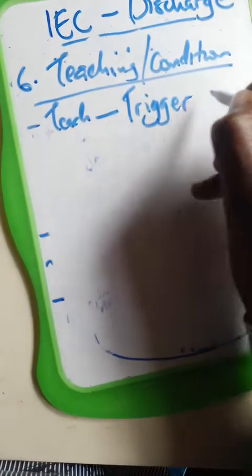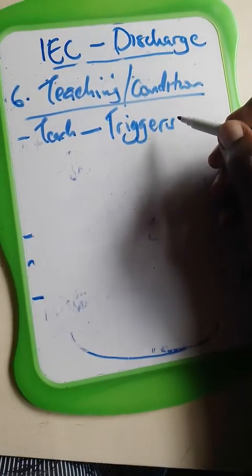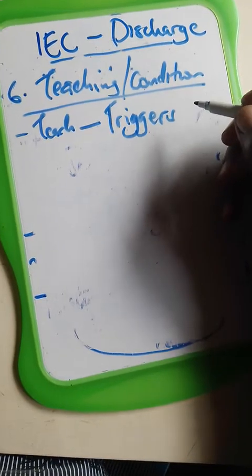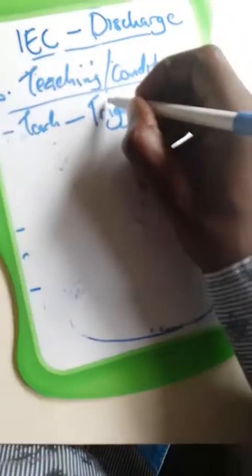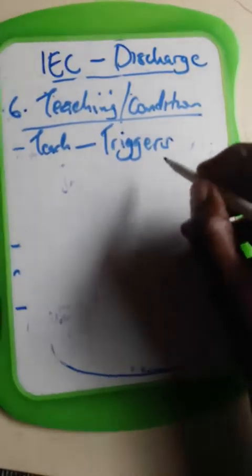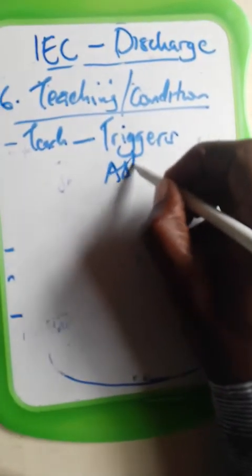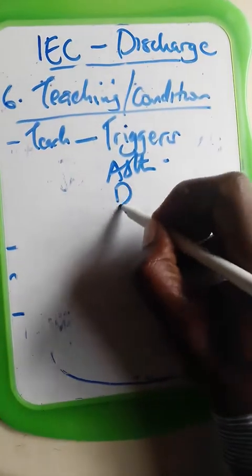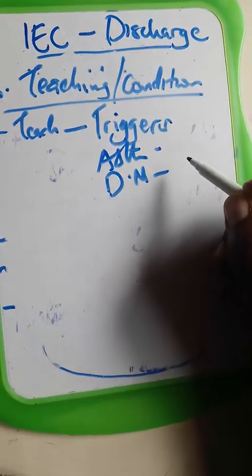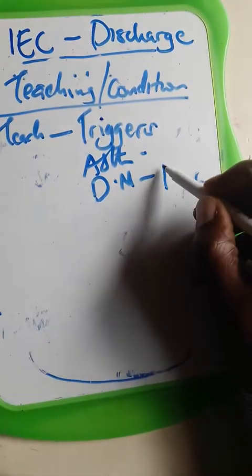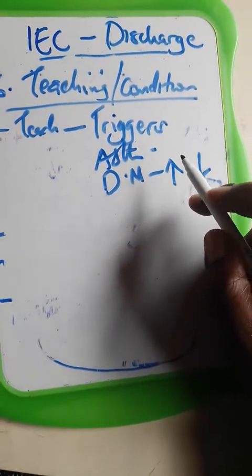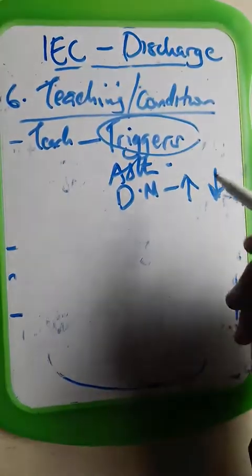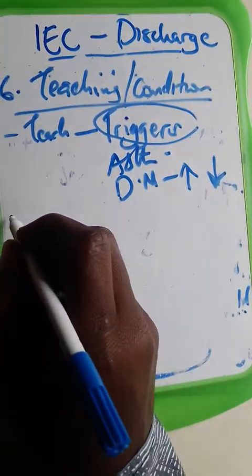For example, for those who are asthmatic, you have to tell them what is causing them to go into an asthmatic attack. For those who are diabetic, you teach them what is causing their sugar to go up or to go low. Depending on the condition, you teach about the triggers or the cause of the attack.